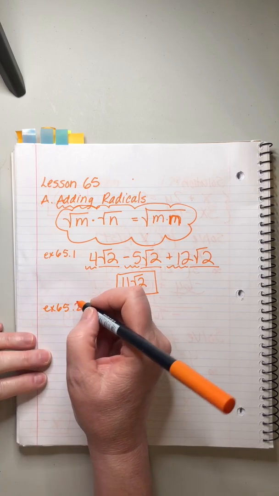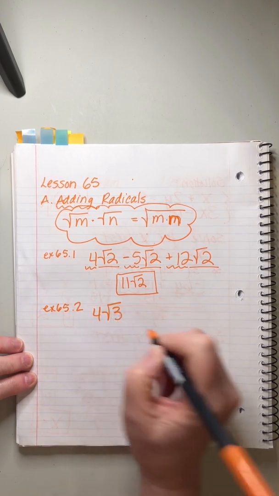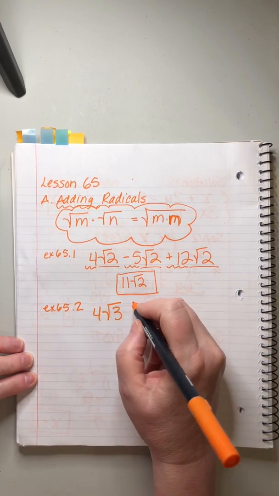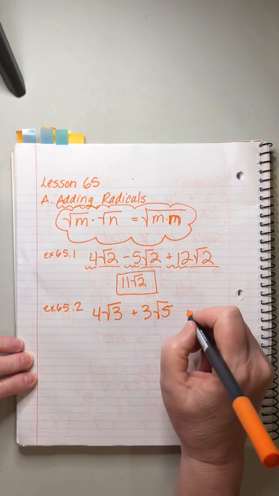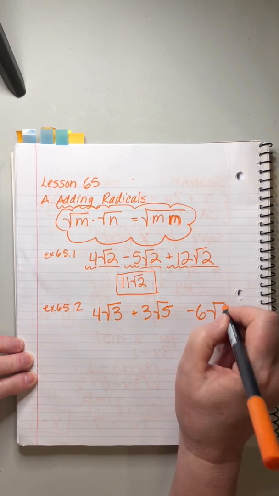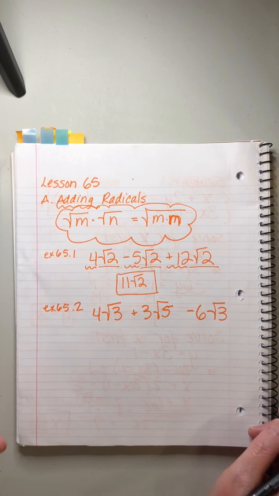Okay, problem 2. Again, only terms with matching radicals can be combined, can be added together.